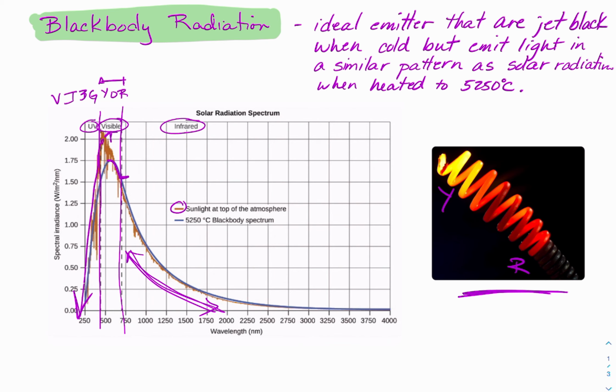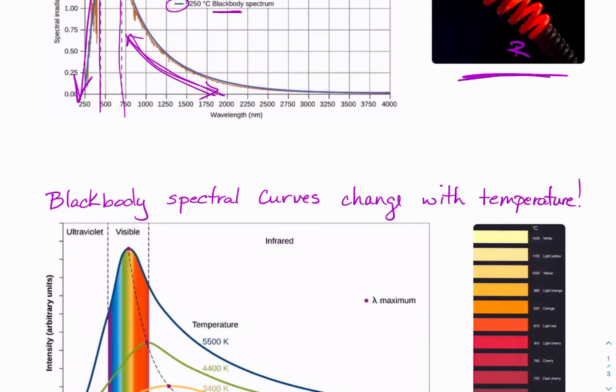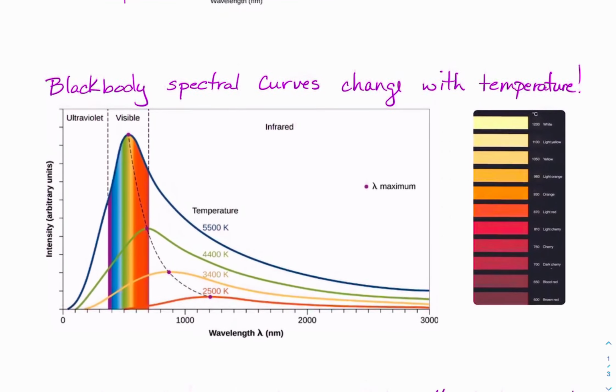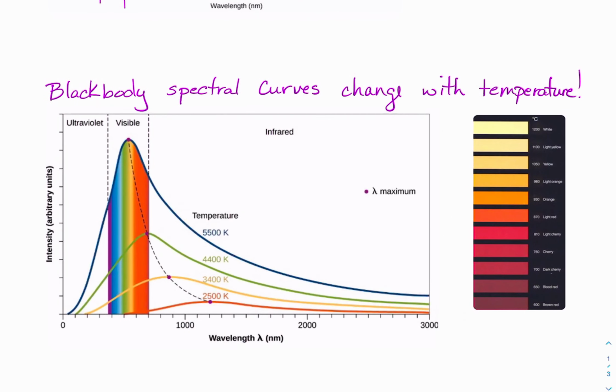Now it turns out that the graph in blue is that black body. So this is if we had a particular piece of metal and heated it to 5,250 degrees. If you notice, it tracks very well with the solar radiation spectrum too. But we can also look at the blackbody spectral radiation at different temperatures.